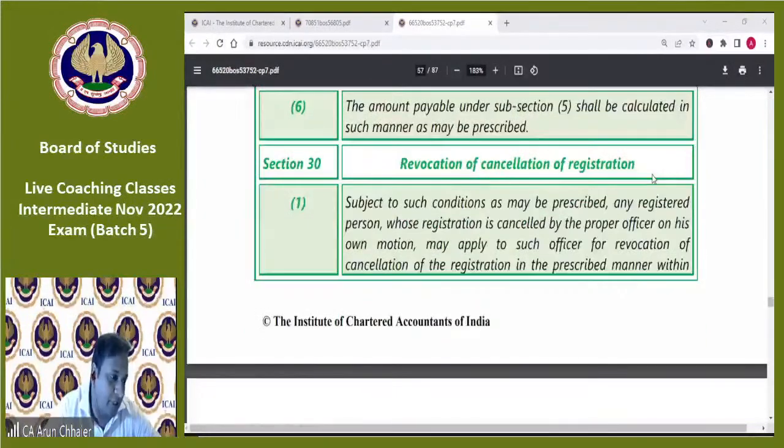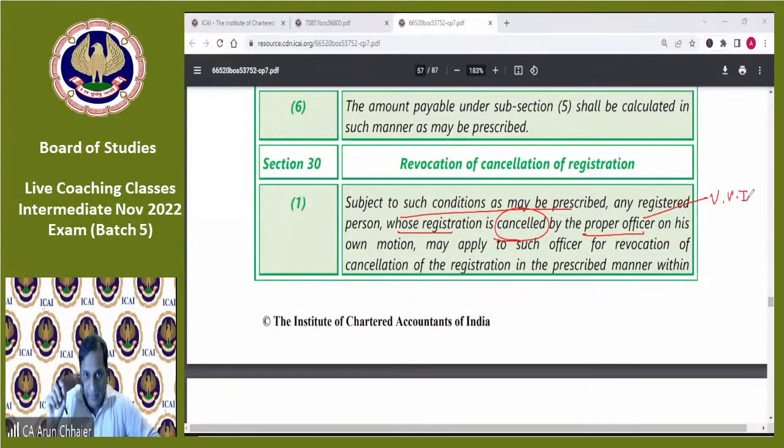Now we are talking about revocation. What is revocation? Subject to such conditions, any registered person whose registration is cancelled by the proper officer. Very, very important. It means if the legal heir or registered person himself filed the cancellation application and that registration is cancelled by the proper officer, that cancelled GST number cannot be revoked.